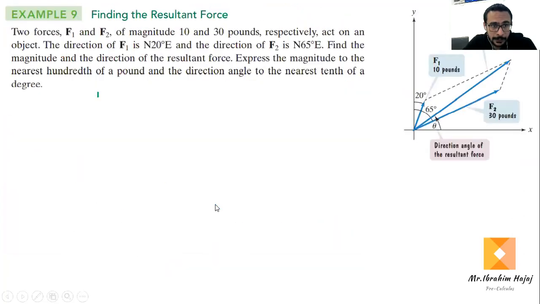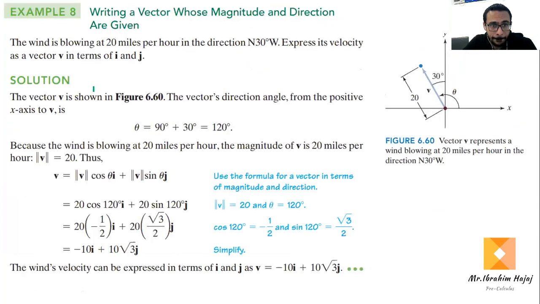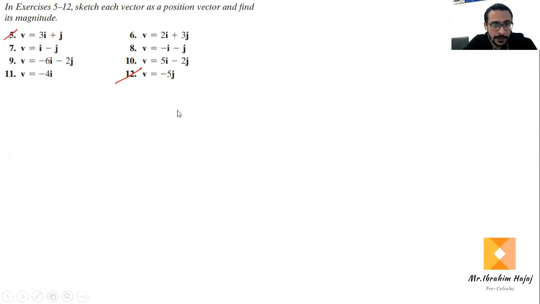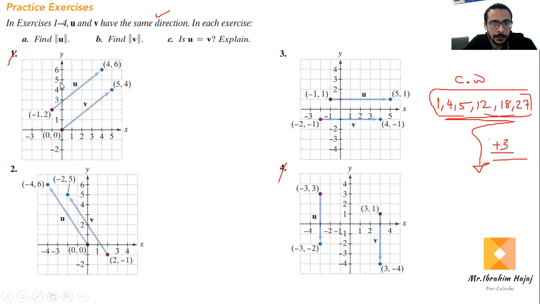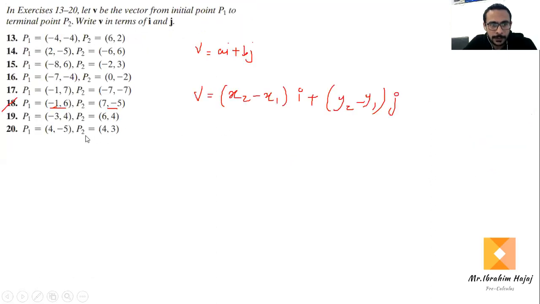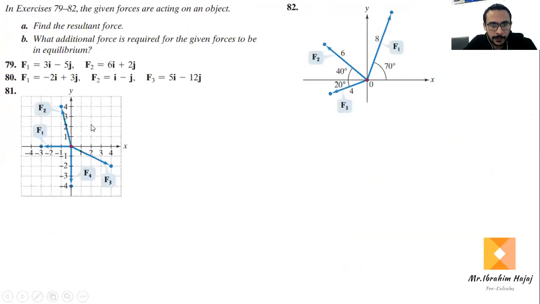We have two examples. So first, writing a vector in terms of its magnitude and direction. And we have exercises. I give you classwork: number 1, 4, number 5 and 12, number 18, and number 27 only.